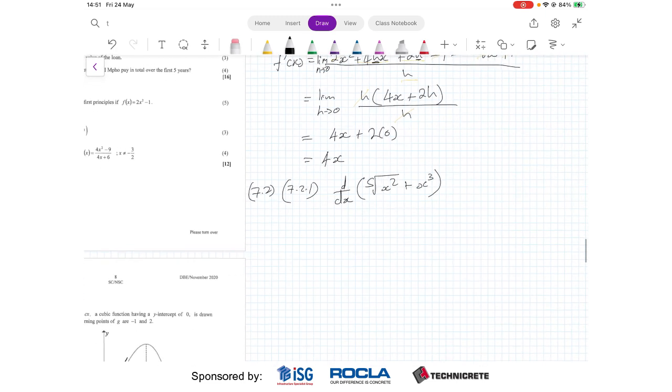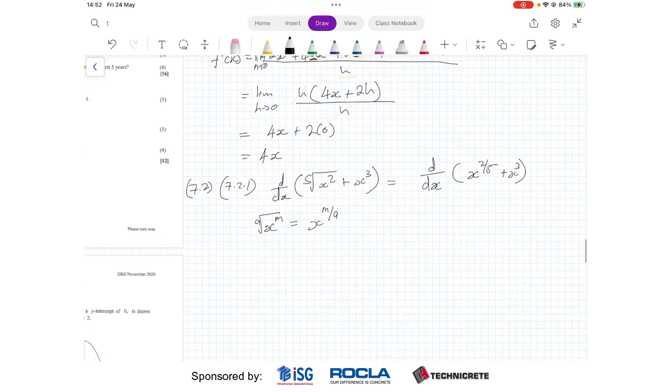Now, laws of exponents tells me that if I have the a-th root of x to the power m, this is the same as writing x to the power m divided by a, okay? So what this means is that d by dx is going to be equal to d by dx into x to the power 2 over 5 plus x to the power 3, okay?